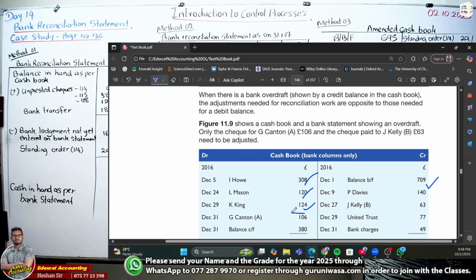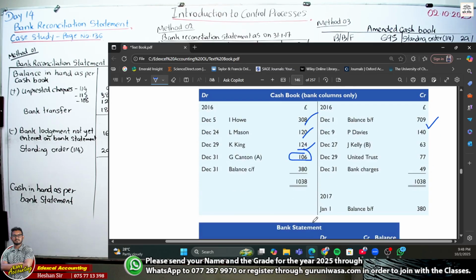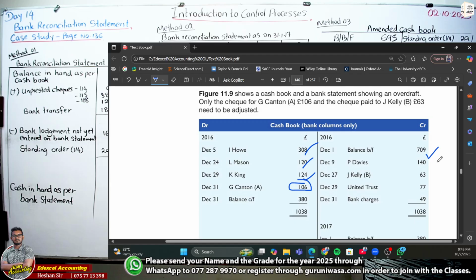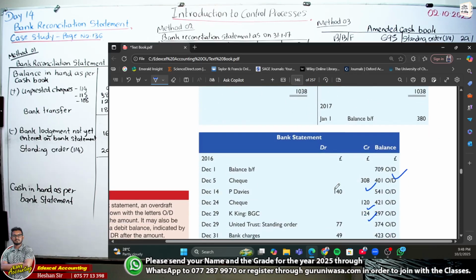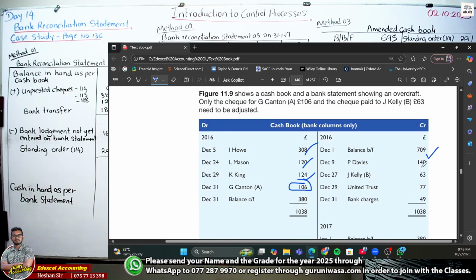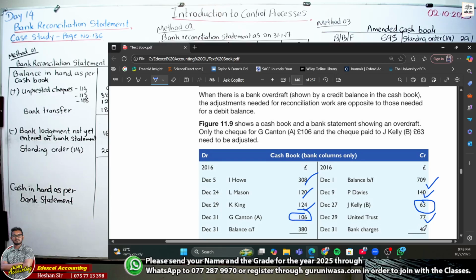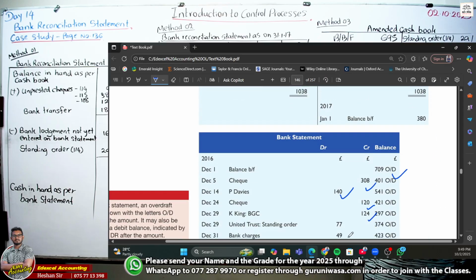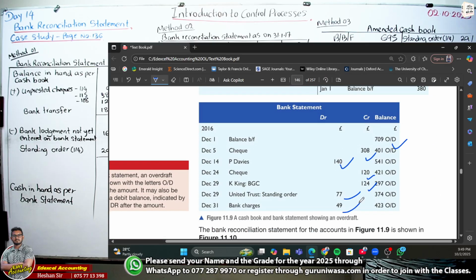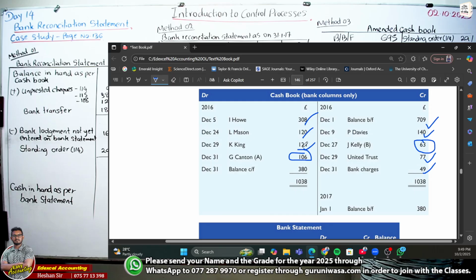But 116 here, circle it. 106 is not in here. 140 you can see in both things, right? 63 in here, but not in the other. 77 and 49 in here, understand? 77 and 49 in here, but also in the other. The circled things are only in these two, right?